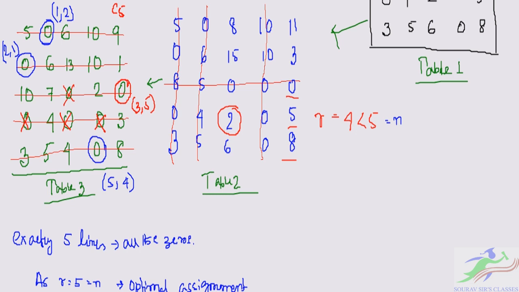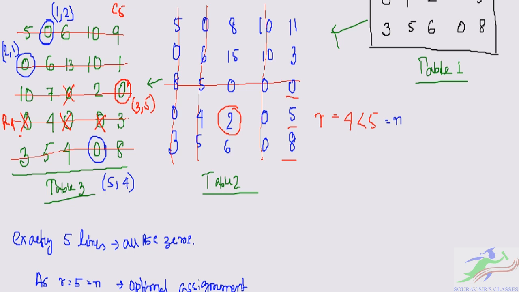There is only 1 zero in the fourth row, so encircle it. This is row 4. Actually this will not get eliminated, because there is no zero in this particular column and no zero in this particular row, right?